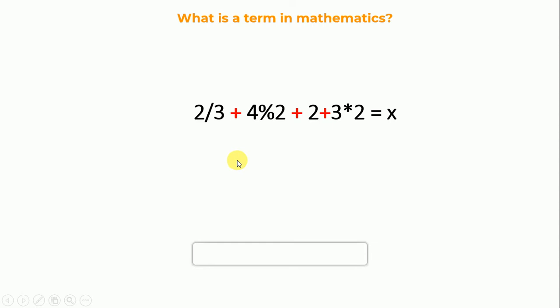So when we start, we will first split them into terms. And when we have an expression and we are supposed to split them into terms, we need to consult mathematics. In mathematics, what at all do we call a term? A term is anything that is separated by either the equal sign or the plus symbol or the subtraction symbol.